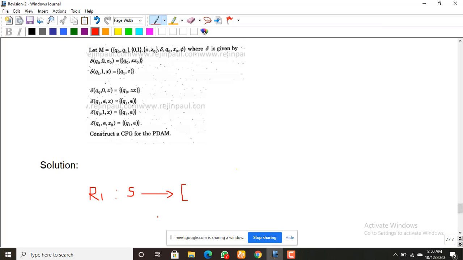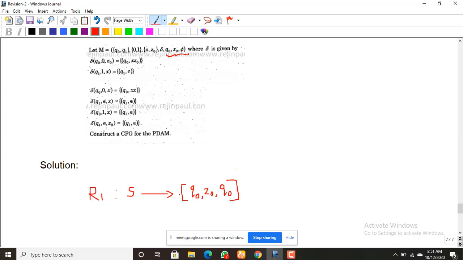See what the starting state of this pushdown automata is: Q naught. Then the starting symbol on the stack, not the tape, is Z naught. Starting in state Q naught with stack symbol Z naught, it is possible to go to the same state. So this is rule number one.